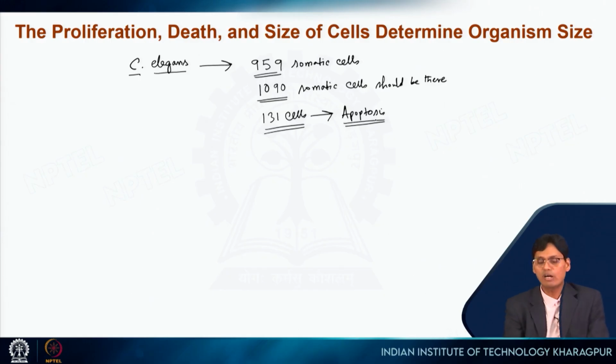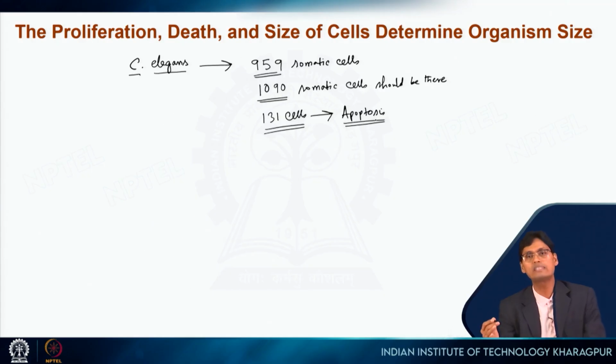So if you add up 959 and 131, you will get 1090 somatic cells in C. elegans. But the point here is that when these nematodes, these C. elegans, attain sexual maturity, the number of germ cells might be different, but their somatic cell number is fixed, 959 cells, when they attain sexual maturity.